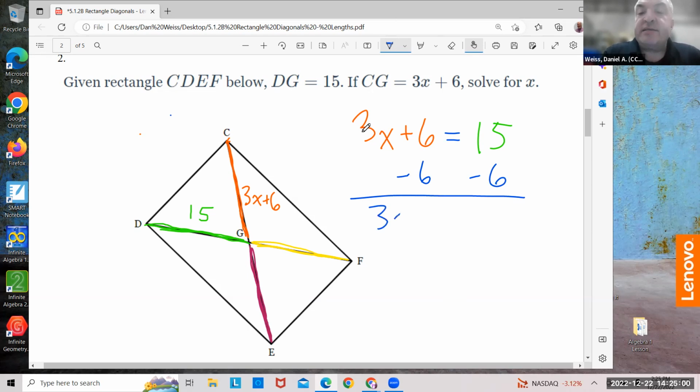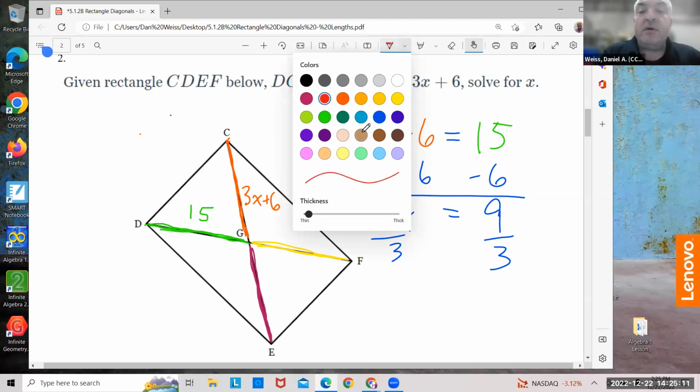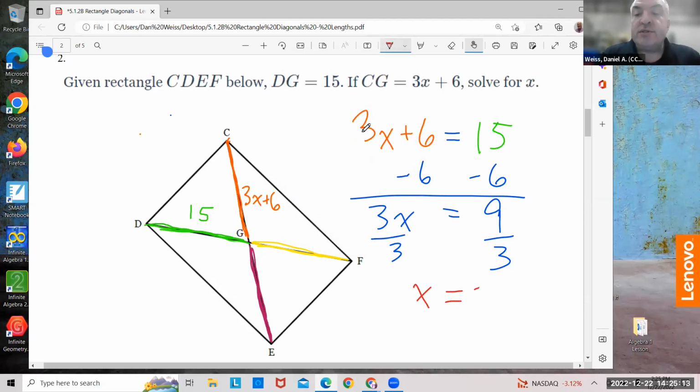And then 3x equals 9. Now what do we do to both sides? Divide by 3, right? Now x equals 3. Easy, man. Okay. Problem there?